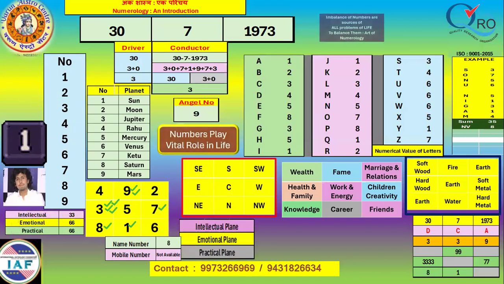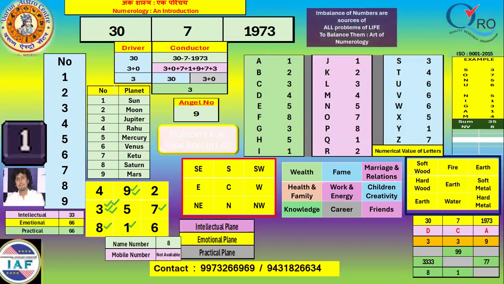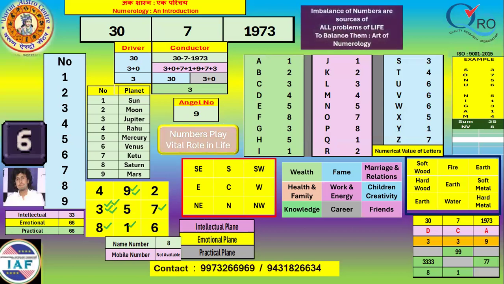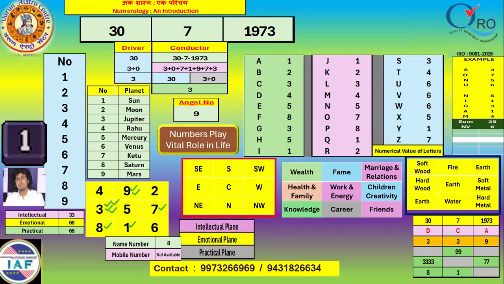And his intellectual level, horizontally, if you see, is 33%, emotional is 66%, practical is 66%.